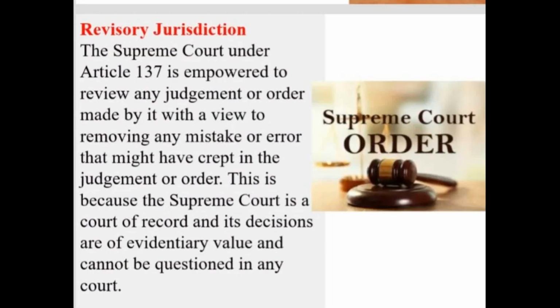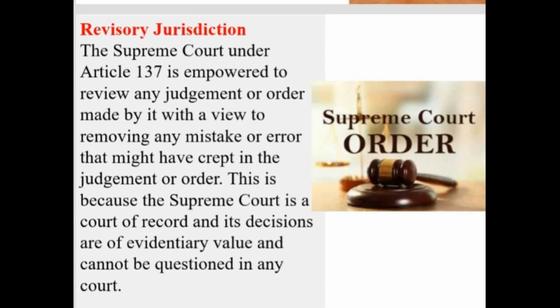So after understanding the advisory jurisdiction of the Supreme Court, let us proceed towards the revisory jurisdiction. The name itself suggests that the Supreme Court will review its own judgments. Under Article 137, the Supreme Court is empowered to review its own judgments and orders. On the cases brought under its jurisdiction, the Supreme Court will pass many judgments and orders.